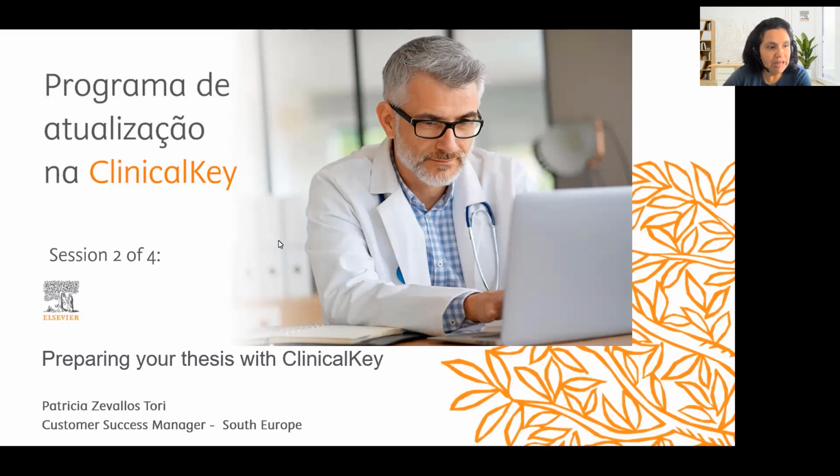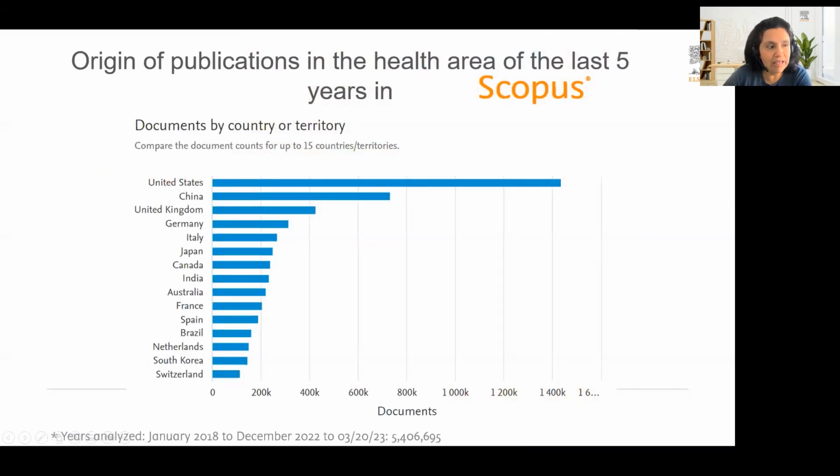Before beginning, I want to share information with you that I took from Scopus. You know, Scopus is a database that we have at Elsevier, on the research side. And I obtained this information yesterday at night.